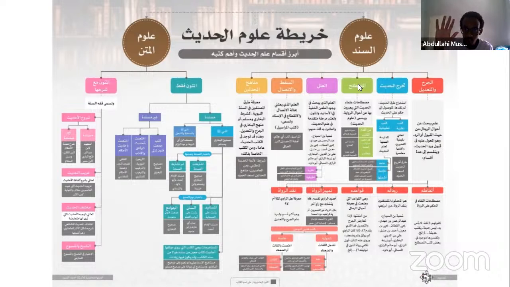and within Ilm al-Mustalah, we learned the 5 conditions for authentic hadith. And then we saw that there's one science of hadith that focuses solely on the connectedness of a chain of narration, the first condition. And then we saw there's also another subject that focuses on narrator evaluations, which assists us in the second and the third conditions for an authentic hadith.